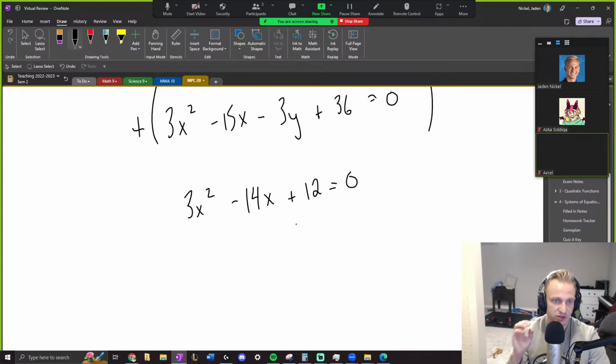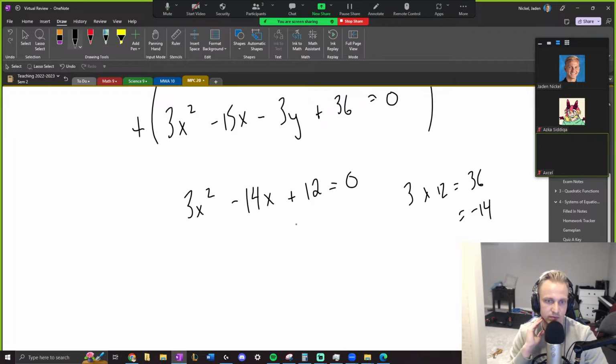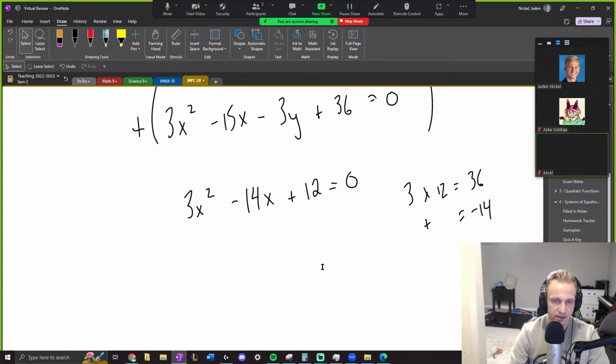So then as far as our factoring, 3 times 12 is 36. We need two numbers that add up to 14. What would be two numbers that add to 14? Not those two.